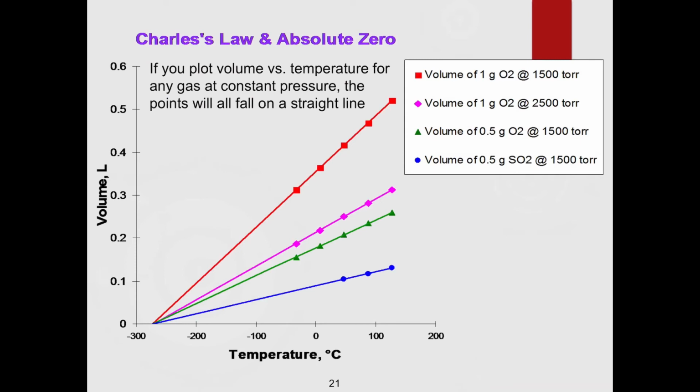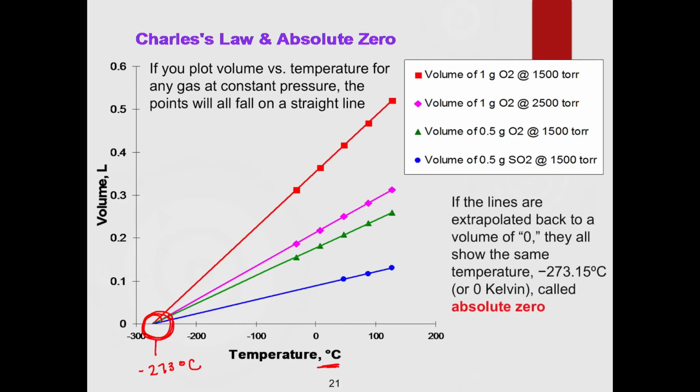So if we plot our volume versus temperature, we are always going to get a straight line. But you'll notice they all have one temperature in common down here. This is plotted in Celsius, and this spot that they have in common is negative 273 degrees Celsius, which is also known as 0 Kelvin. 0 Kelvin is called absolute zero, and for now it is a theoretical temperature.